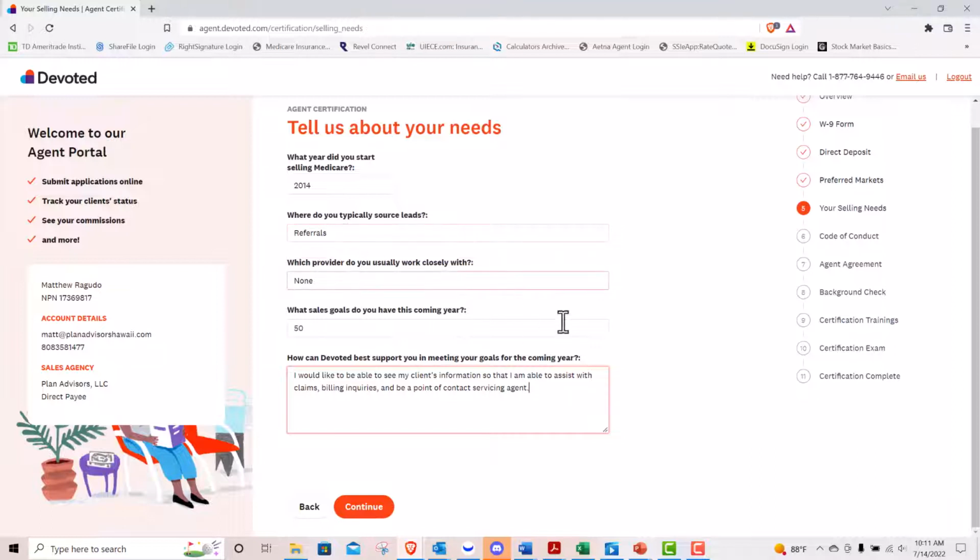A lot of companies don't allow us to even touch the client's things, but I don't think that's a good thing. I think we should be right at it with the clients when they have things that we can at least assist with, or at least provide some kind of a status update.